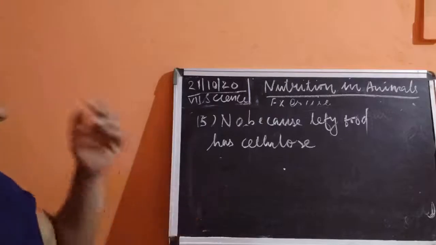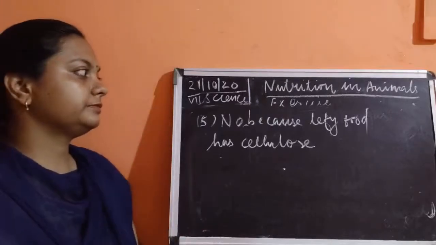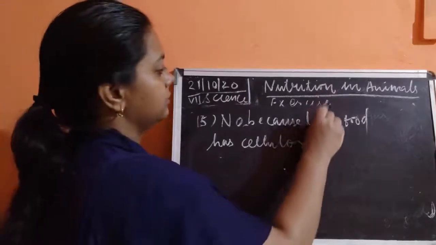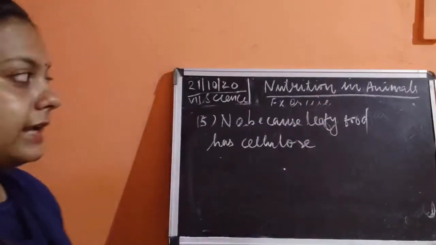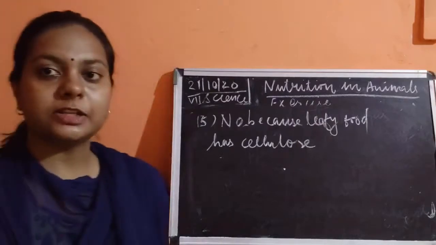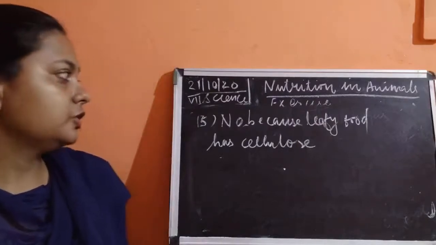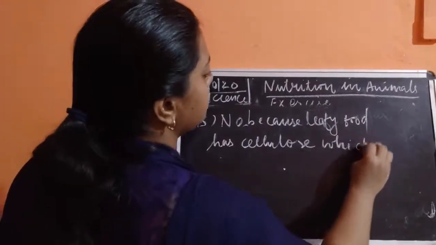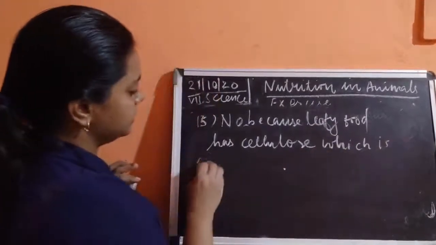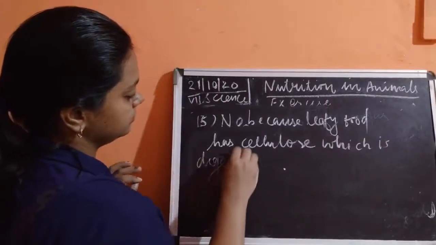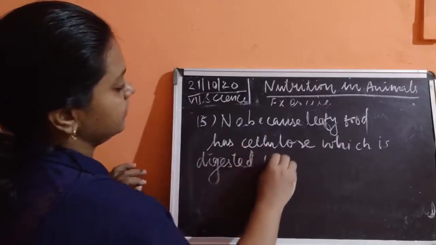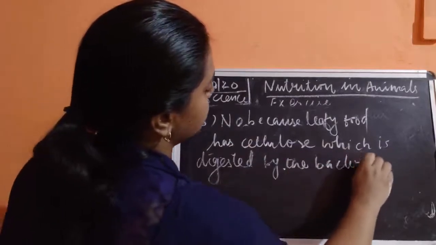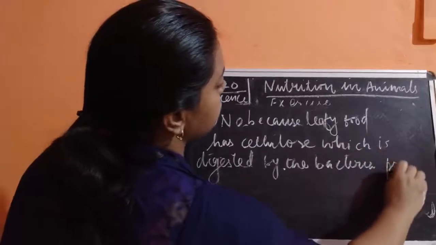This leafy food is not getting digested in human beings, because we don't have such bacteria present in our intestine. So no, because leafy food contains cellulose which is digested by the bacteria present in the intestine of the animal.